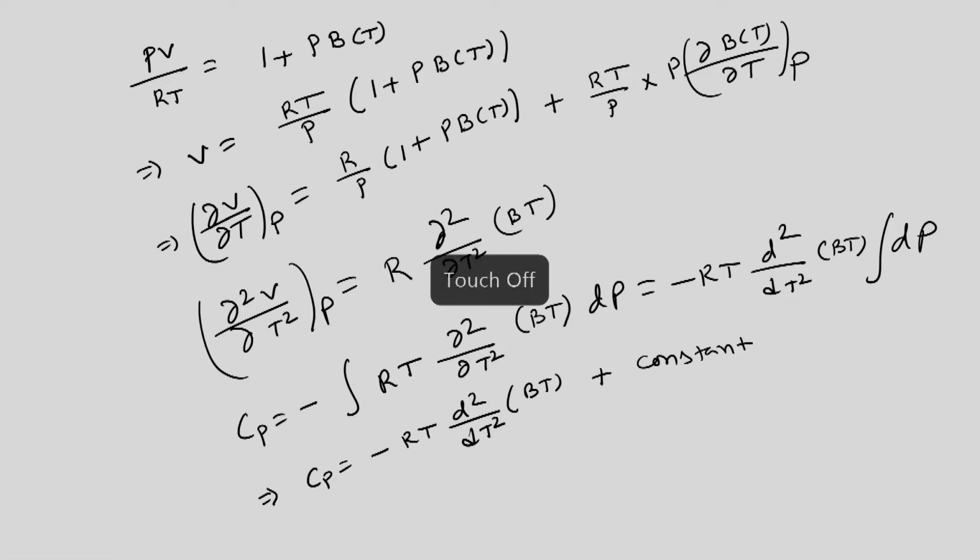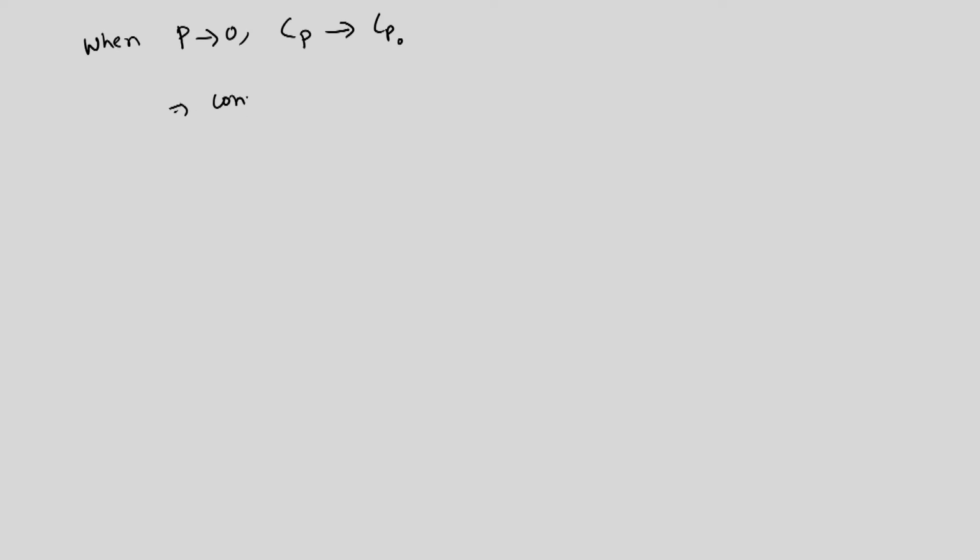Next we consider when P goes to 0, Cp goes to Cp naught. So the constant term of the above expression is nothing but Cp naught.